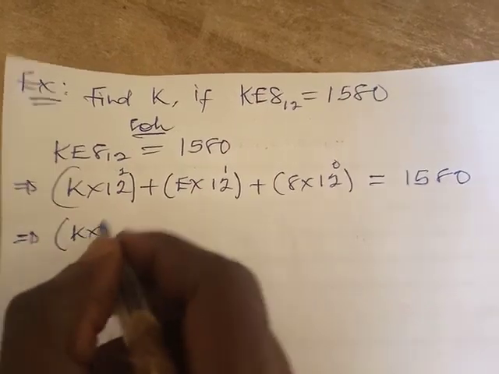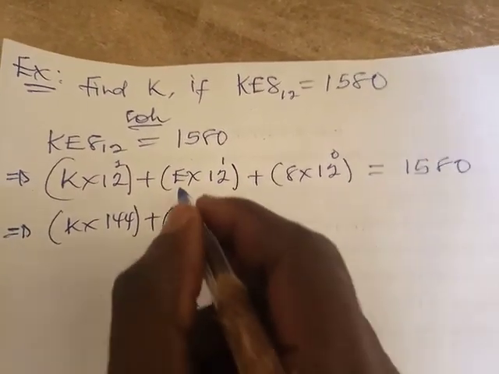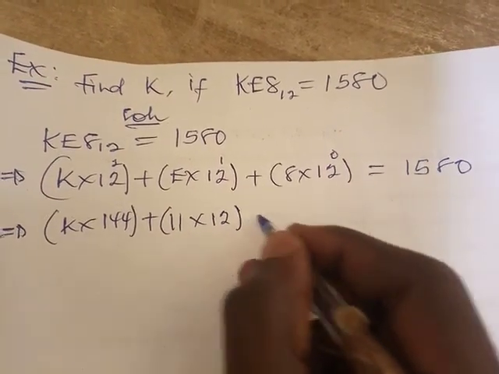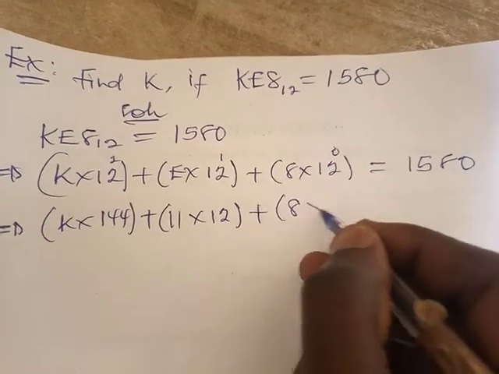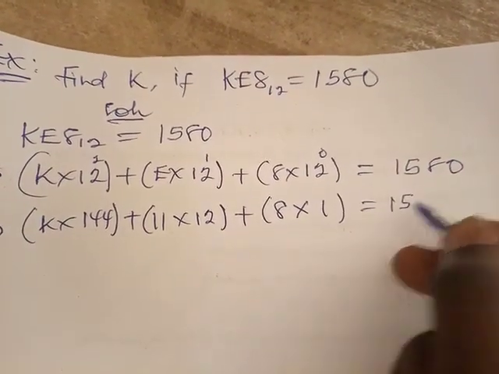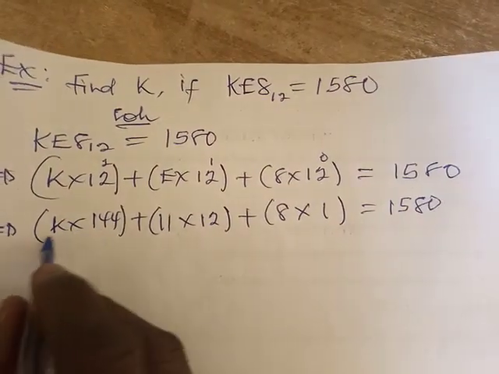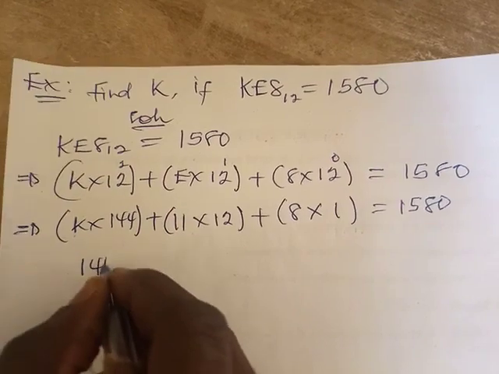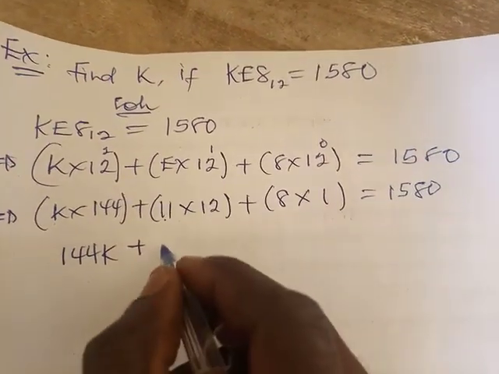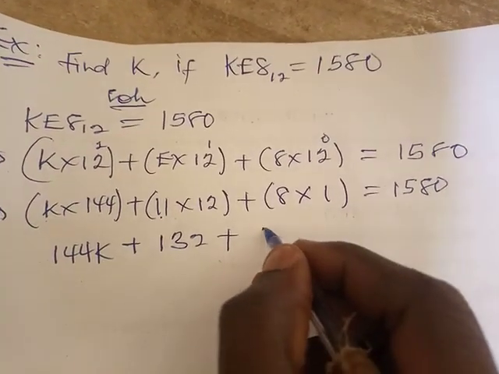So you have k times 12 squared, which is 144. E is 11. Twelve raised to the power 0 is 1. And we have 1580. So k times 144, we have 144k. And 11 times 12, we have 132. And we have 8 here.